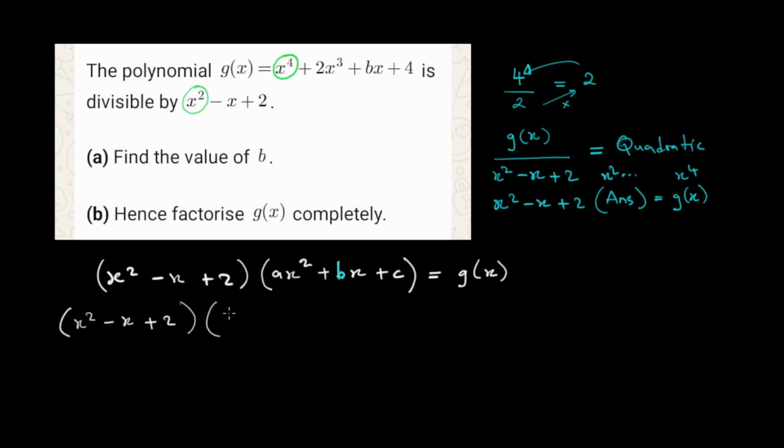A toda kuichinja to d, saka dx squared plus b toda kuichinja to e, ex plus c is equal to, let us write g of x sezvairi, x to the power 4 plus 2x cubed, then plus ndichawedzerera imwe term 0x squared. Ndikuiwedzerera for convenience, panapa hapana 0 but ndikuiwedzerera for convenience, then towatati plus bx plus 4.